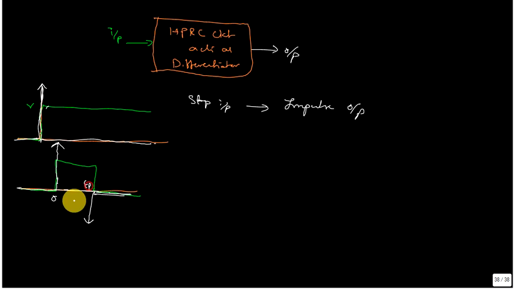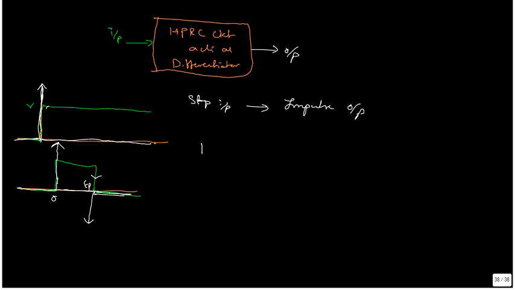At t equal to 0, the input voltage is increasing positively, whereas at t equal to Tp, the input voltage is decreasing. So a positive impulse occurs at t equal to 0, and later the voltage is constant, so the output is 0, and at t equal to Tp, again the input voltage is decreasing, that means a negative impulse appears.